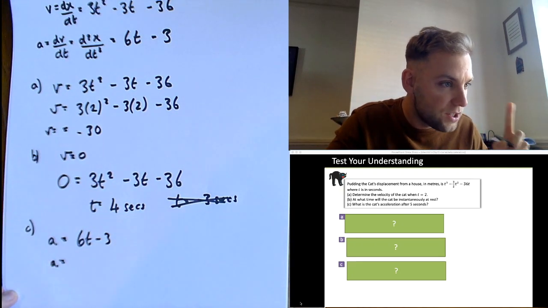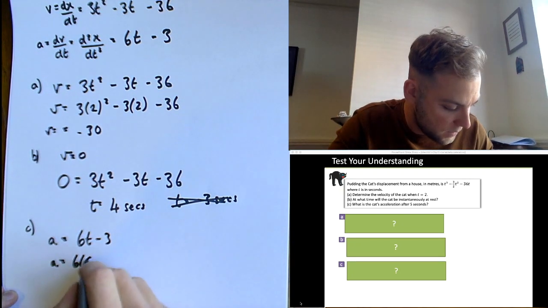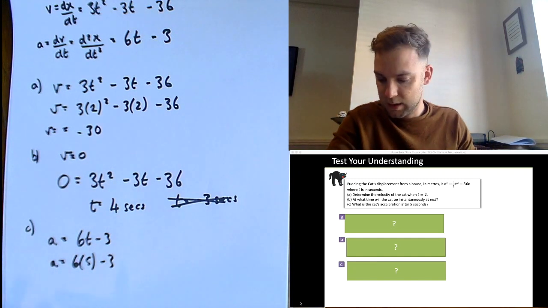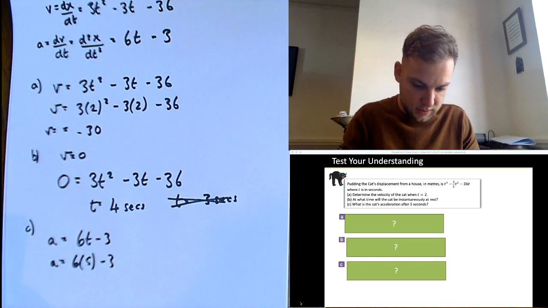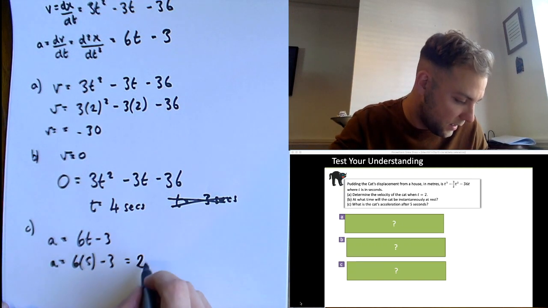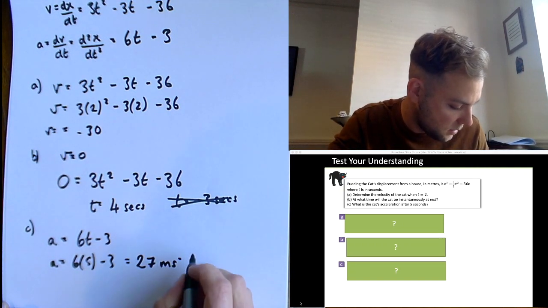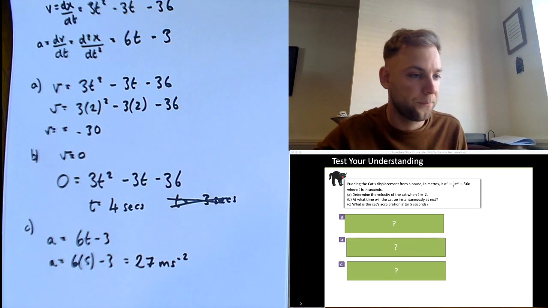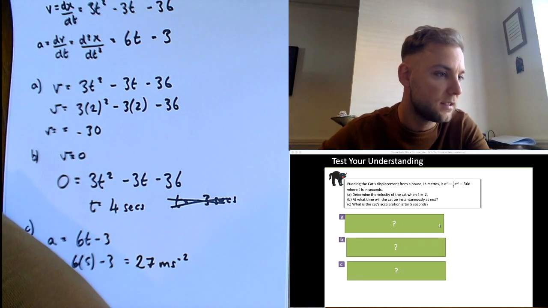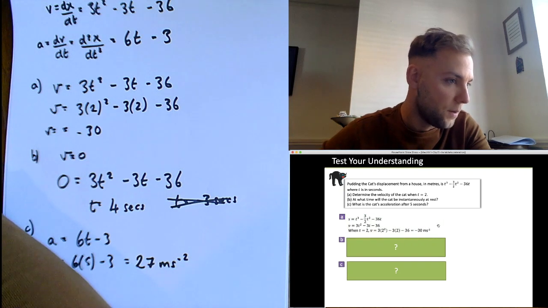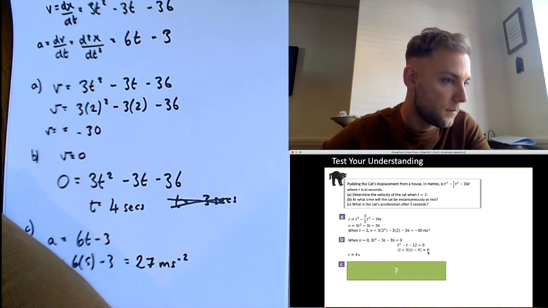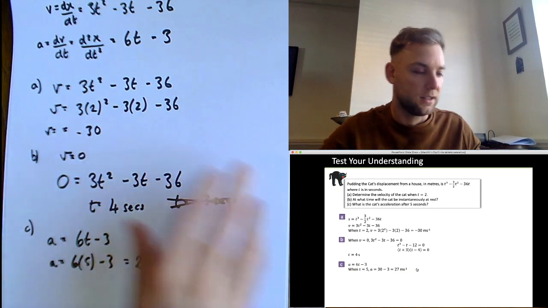I want the acceleration when time is equal to 5, so 6 times 5 minus 3 is equal to 27 meters per second squared, because it's acceleration. Brilliant. Let's check those answers: minus 30, t is equal to 4, and 27 for that acceleration. Super.